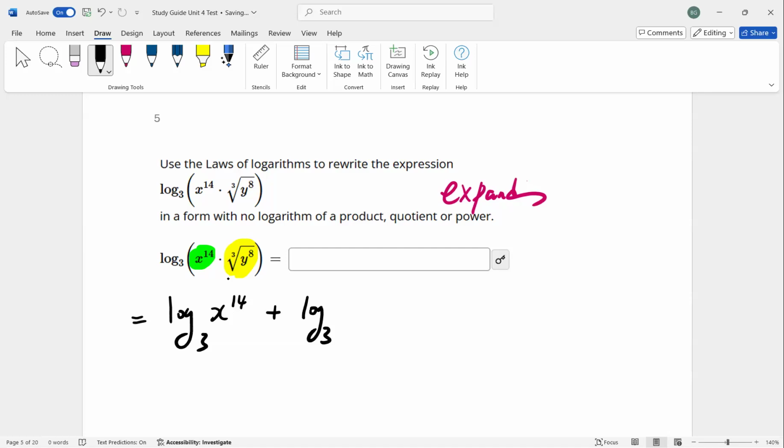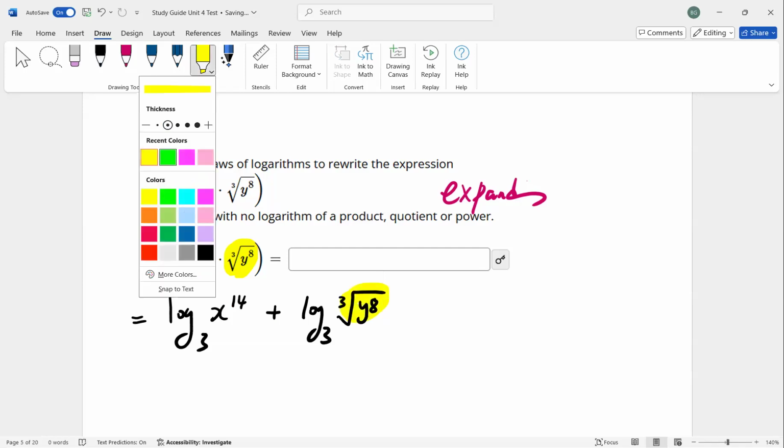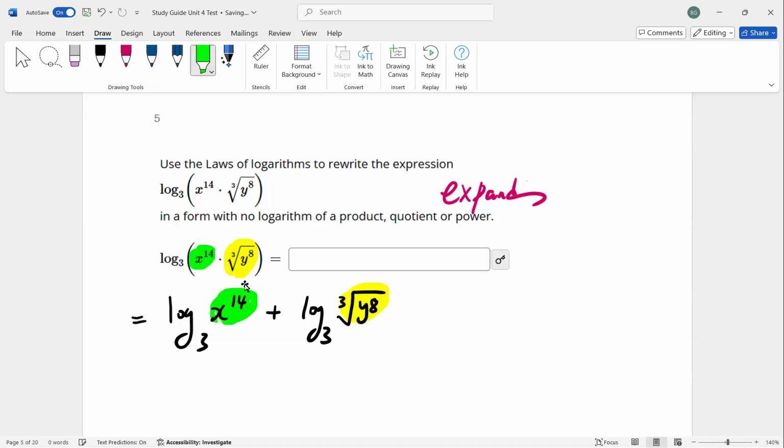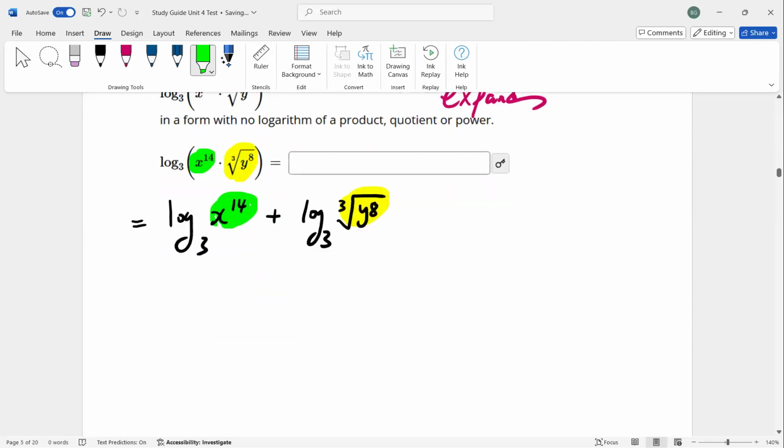Yellow is the cube root of y to the power 8. The color scheme will help you understand. We applied the product rule. When the argument is a product, we can rewrite that log as an addition of 2 logs. Green goes here, yellow goes there. And keep going.